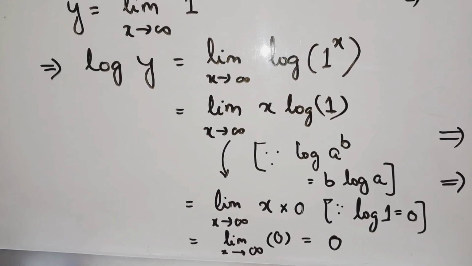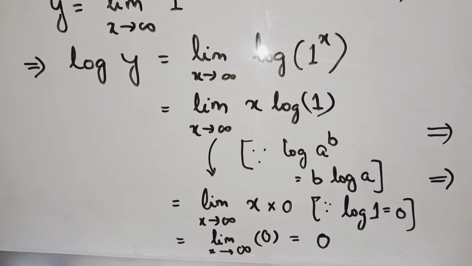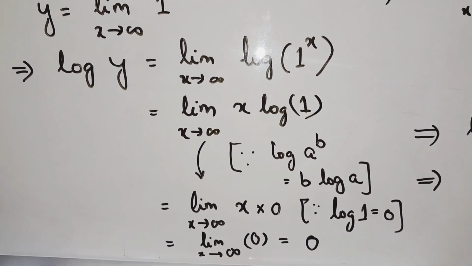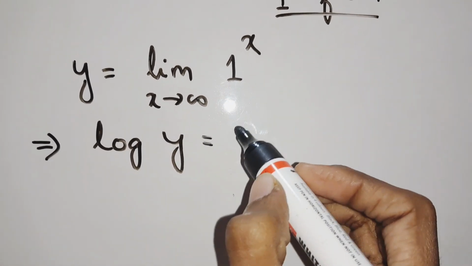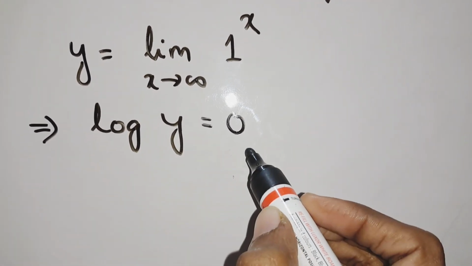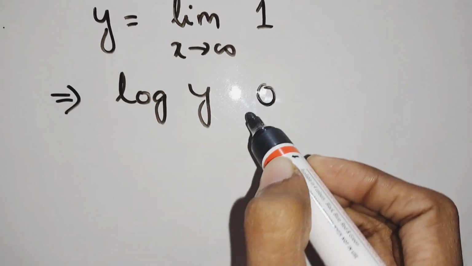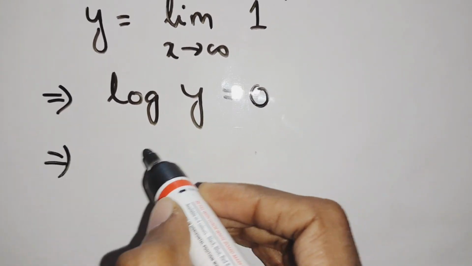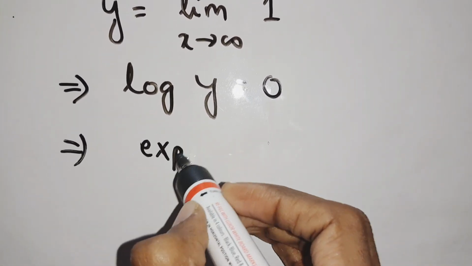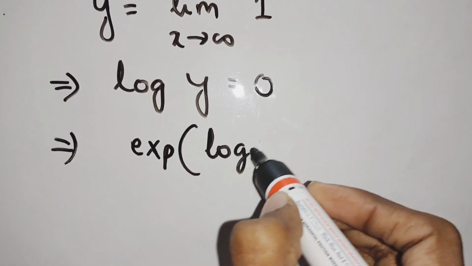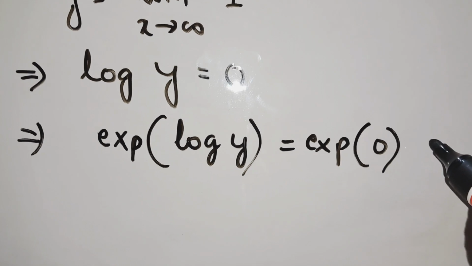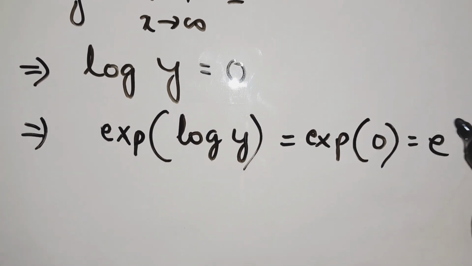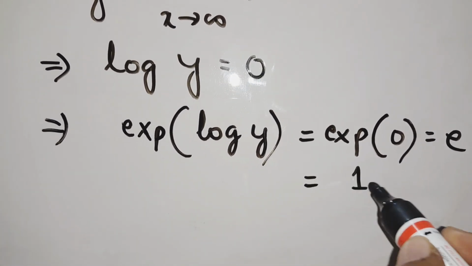From which we get log y equals 0. Okay, so log y equals 0, then what is y? If log y equals 0, which we got by the previous steps, that means if we take the exponential of both sides, exp of log y is equal to exp of 0, which is nothing but e to the power 0. And anything to the power 0 is 1.